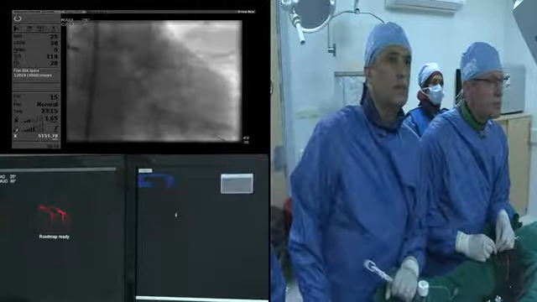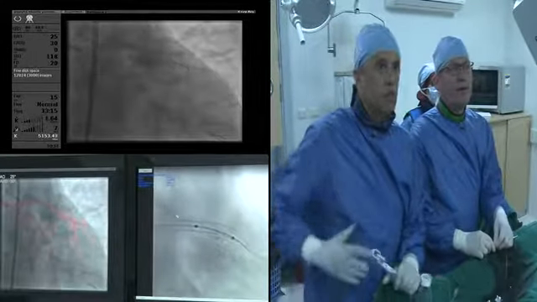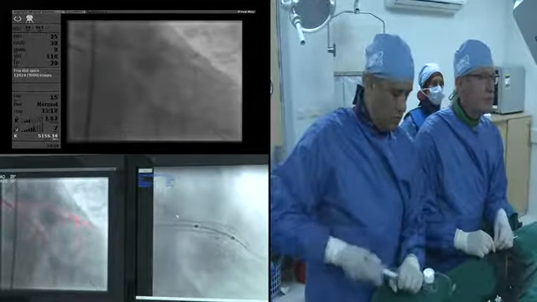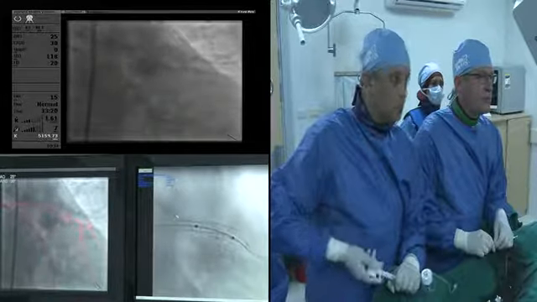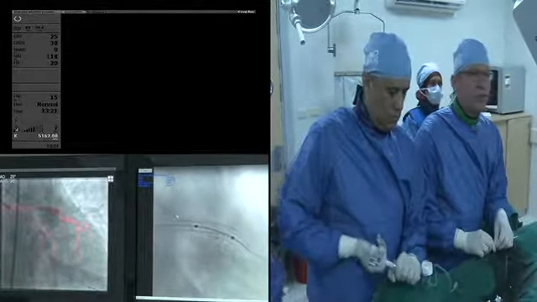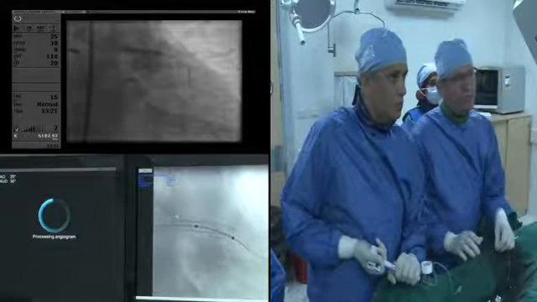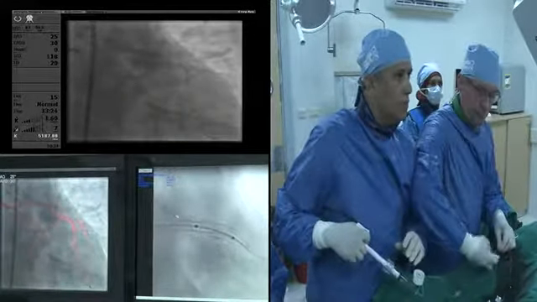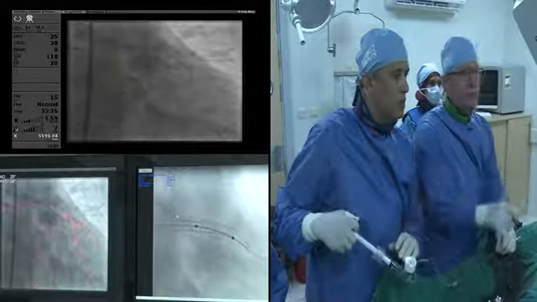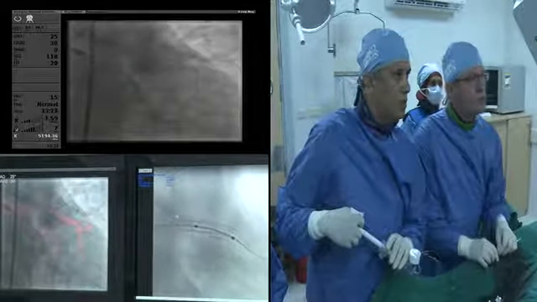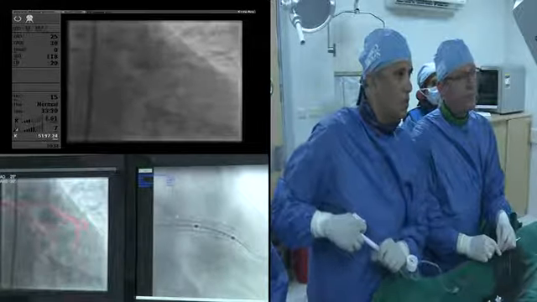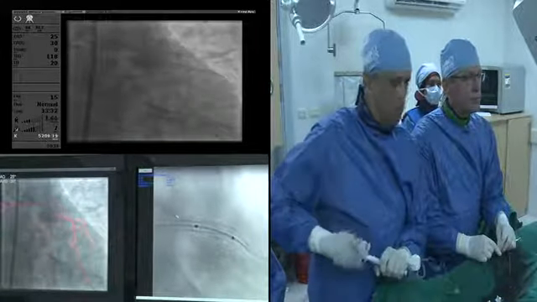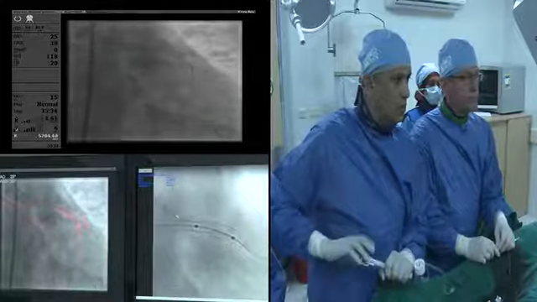Okay, now we are perfectly, very good position, because the balloon is well placed. Maybe we will go 1 millimeter behind. Proximal, is it proximal P2?